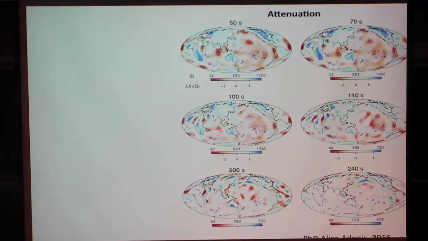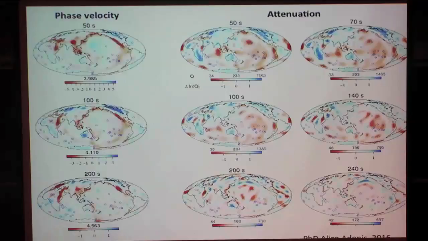But there is one thing that is striking, that surprised us a bit when we built these maps. It's the fact that if you look at mid-oceanic ridges in oceanic regions, in general, they are all located in attenuating regions. Okay, but they are not the most attenuating regions, not the dominant signal that we see in oceanic areas. And this is surprising because we are used to building phase velocity maps.